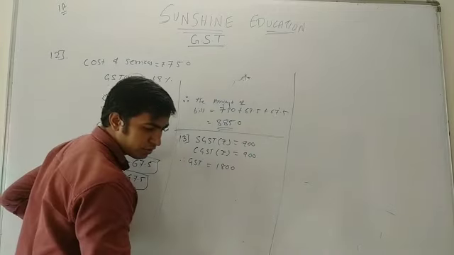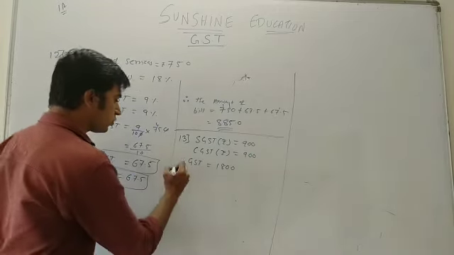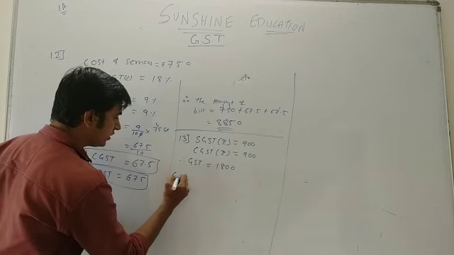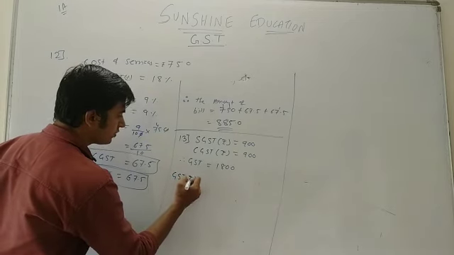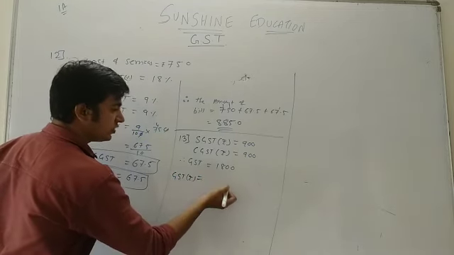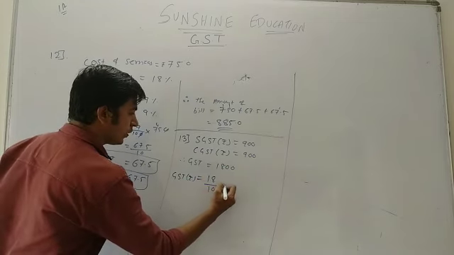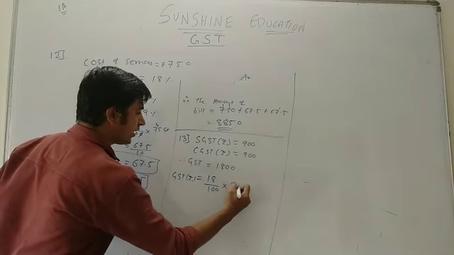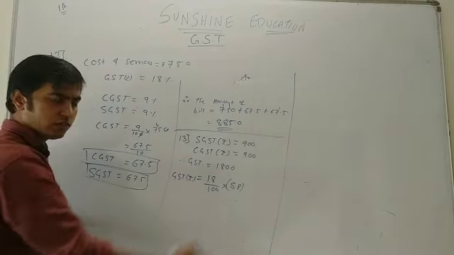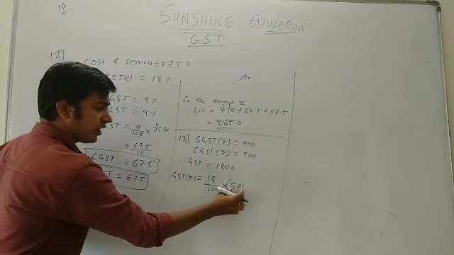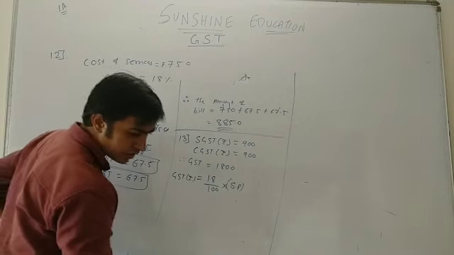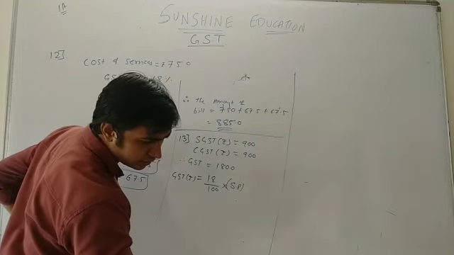Now they have given that GST percentage is 18%. So how do we find GST? GST in rupees is equal to GST percentage, that is 18 upon 100, multiplied by the selling price of the product or service. We need to find the selling price of the health insurance policy. The question asks for the premium.